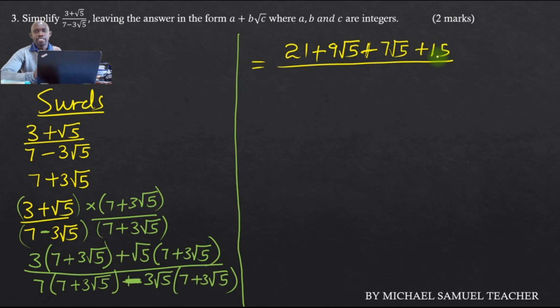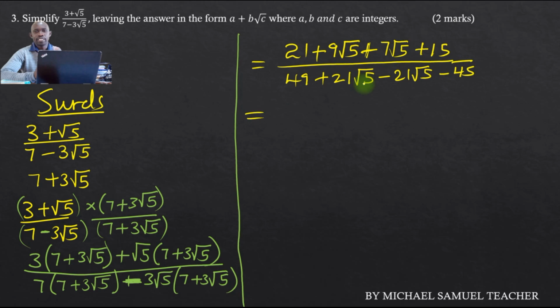All over, now the denominator: 7 times 7 is 49, plus 7 times 3 root 5, that is 21 root 5, minus 3 times 7, that is 21 root 5, then minus 3 root 5 times 3 root 5, so 3 times 3 is 9, root 5 times root 5 is 5, 5 times 9 is now minus 45.